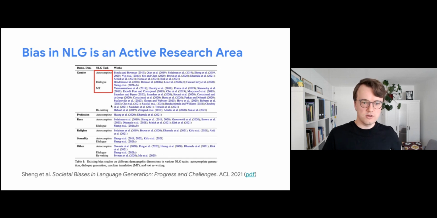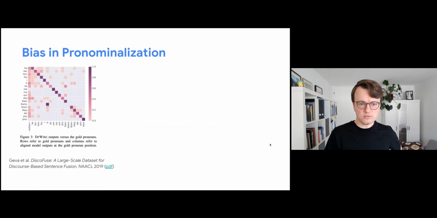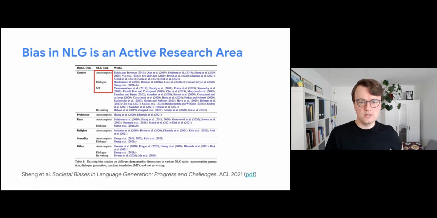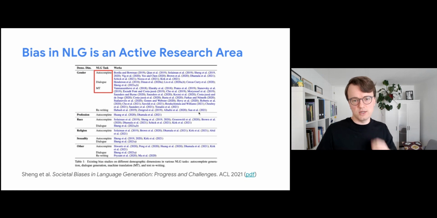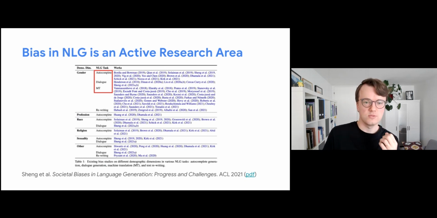But you see here the category of rewriting, there's much less work in this area. I think the existing works here are something like when you are inflecting a word: in some languages you have a different inflection for different genders, and the model might make mistakes in this regard.